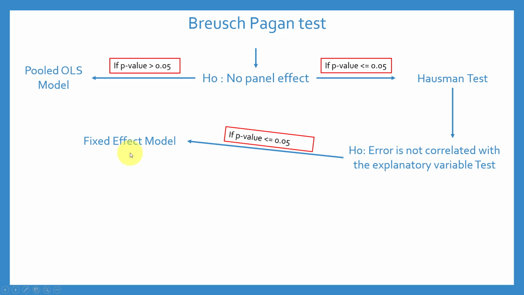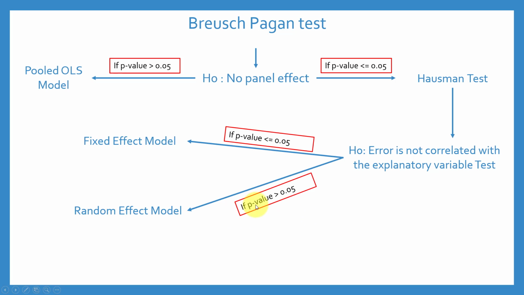That's why we would have to use the fixed effect model. Alternatively, if the p-value is greater than 0.05, we accept the null hypothesis, that is, it is safe to use the random effect model. So the idea is, if the p-value of the Hausman test is greater than 0.05, we can use the random effect model.